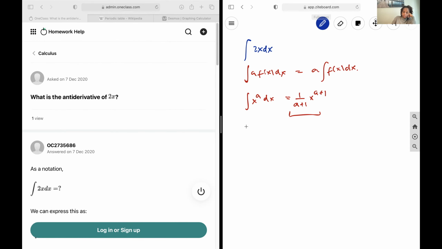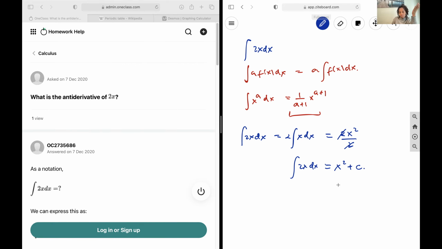So the problem becomes the integral of 2x dx is equal to 2 multiplied by the integral of x dx, and that is going to be equal to 2x squared over 2. These two will cancel, leaving x squared as the integral of 2x dx. And then I'm just going to add the plus c.